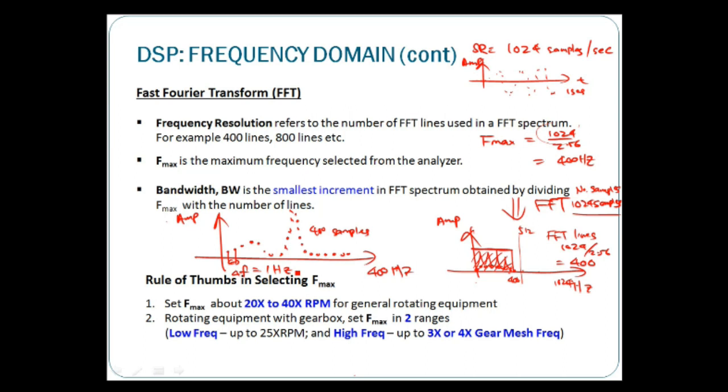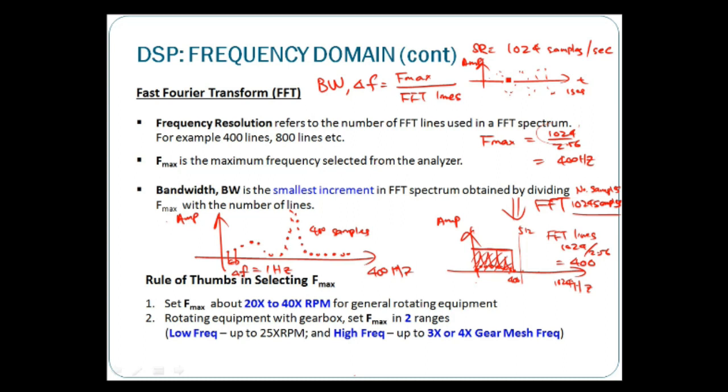If I want to know my BW, or my delta F, I get Fmax divided by FFT lines. In this case, 400 divided by 400 equals 1 hertz. That's why every 1 hertz you have 1 sample or 1 line.